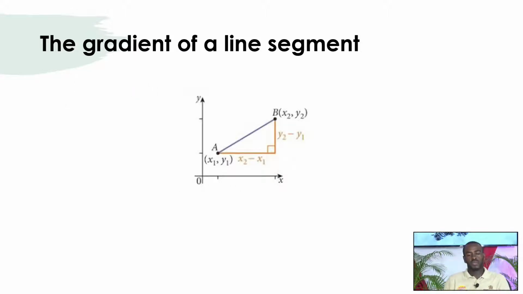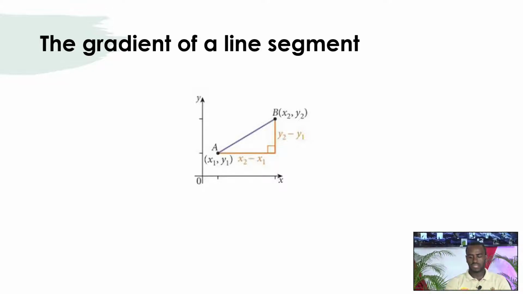Now we are going to look at the gradient of a line segment. Keep in mind that gradient is basically representing the slope of a line. Whenever you are finding the gradient of a line, it is the vertical change written as a fraction of the horizontal change.